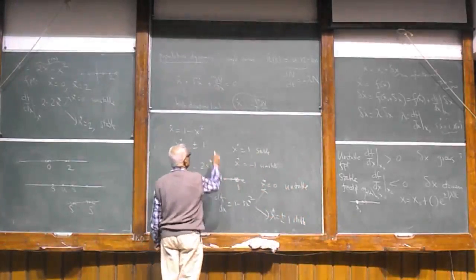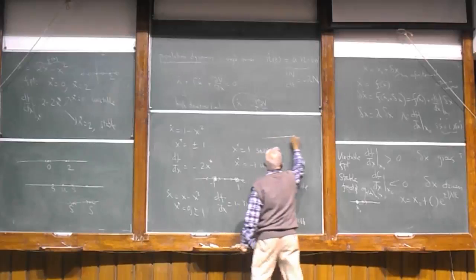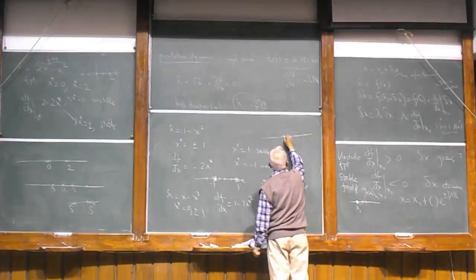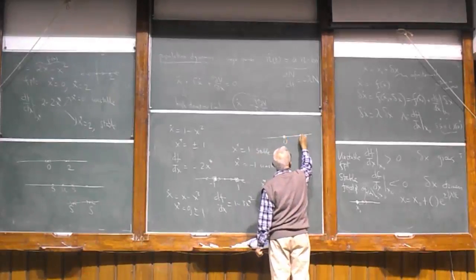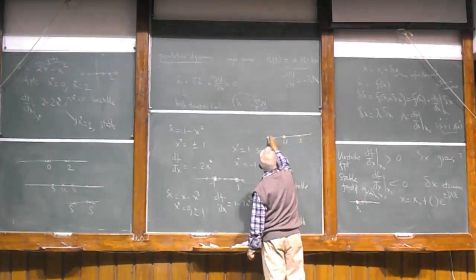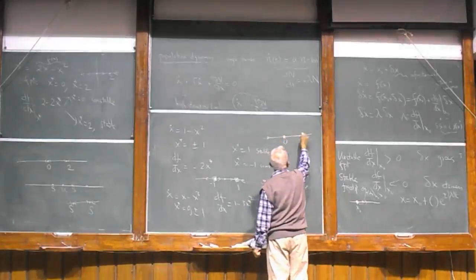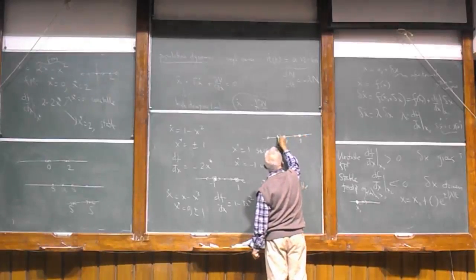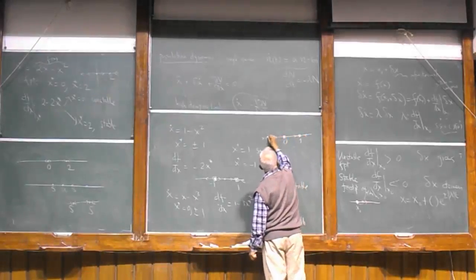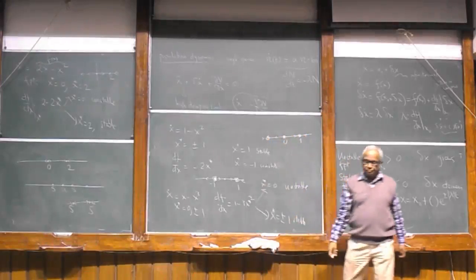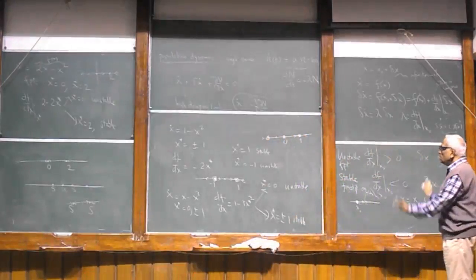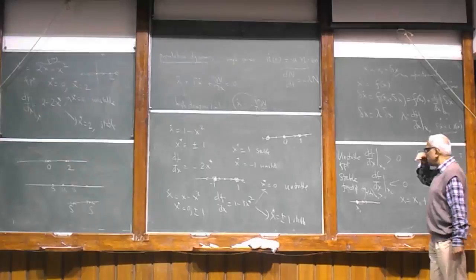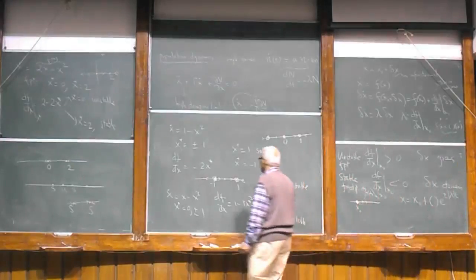That's why, here's my origin over here, one of the fixed points, here is 1, and here is minus 1. So if I started out from here or here, I ended up over here. Started out on the negative side, I ended up over here. Very good. So that's the whole bit.